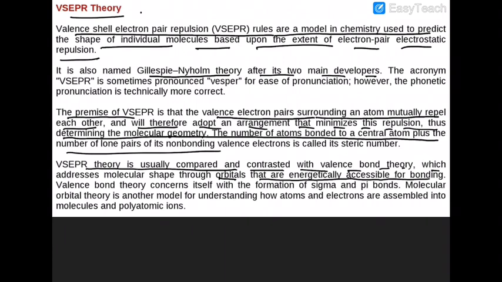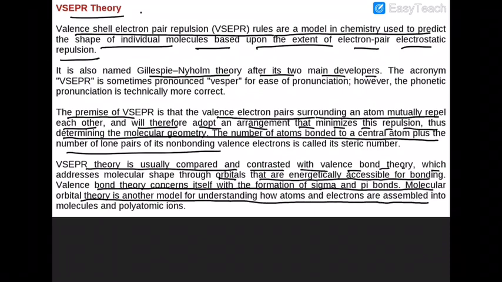Valence bond theory concerns itself with the formation of sigma and pi bonds. Molecular orbital theory is a method to understand how atoms and electrons are assembled into molecules and polyatomic ions. Are you getting that? That must be very much known to you.